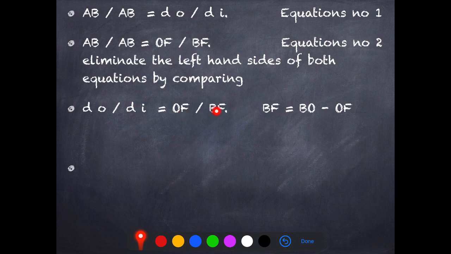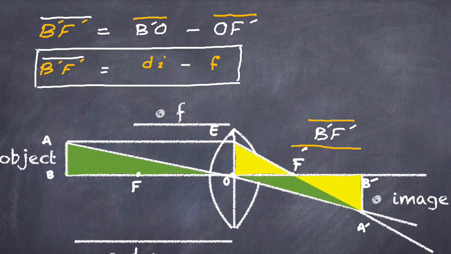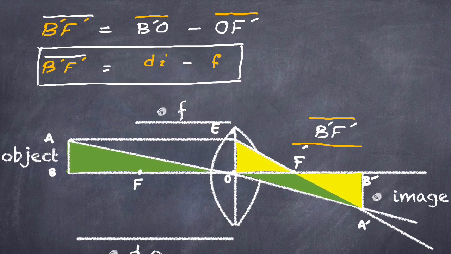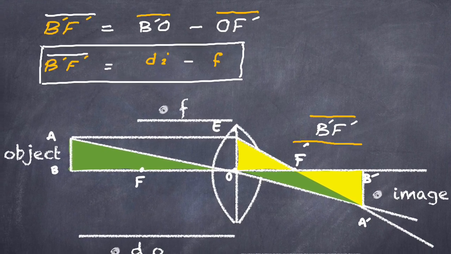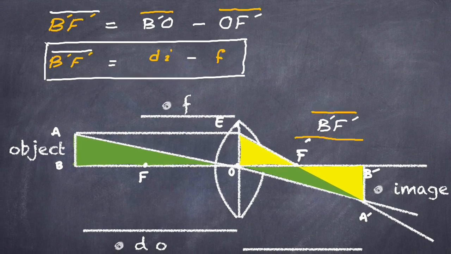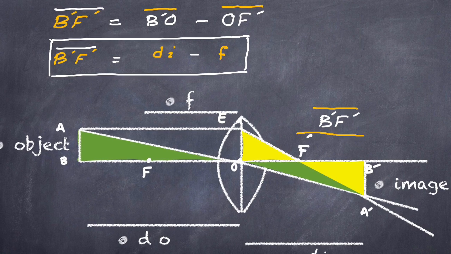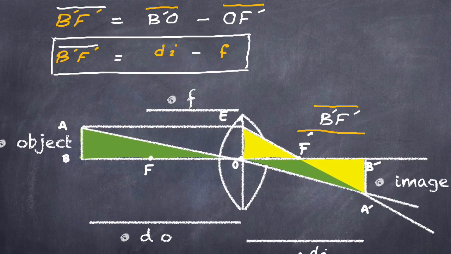B dash F dash is equal to B dash O minus OF dash. See in this diagram, B dash F dash is unknown, so we can find it by subtracting OF dash from B dash O. B dash O represents dI and OF dash represents F, so we can write B dash F dash as dI minus F.